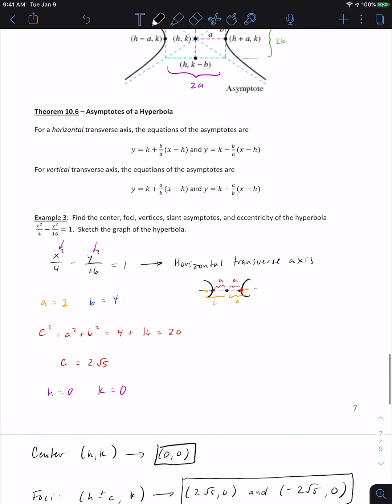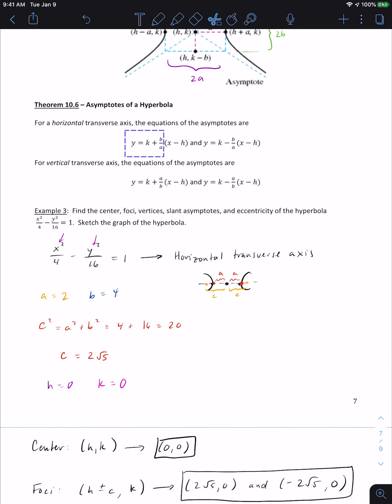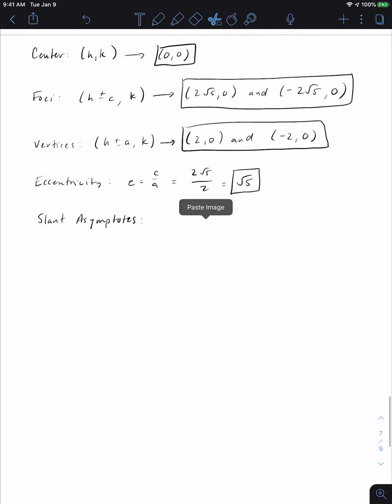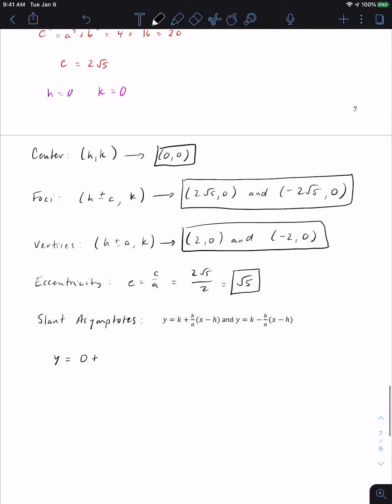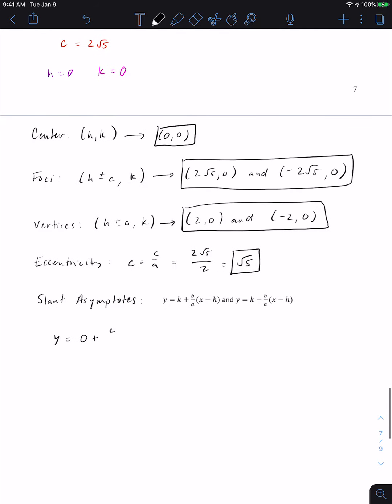So to find the slant asymptotes, it's going to be these formulas right here, because this is a horizontal transverse axis, right? So I'm going to say y equals k, which is 0, plus b, which is 4, over a, which is 2, times x minus h, which is 0.